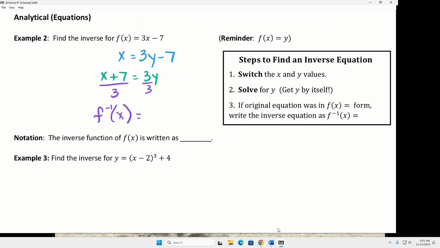That means the inverse function of f is just equal to that x plus 7 all over 3. All right, so the inverse function of f is written as f raised to the -1 of x. You don't really say it that way. You would just say f inverse of x.